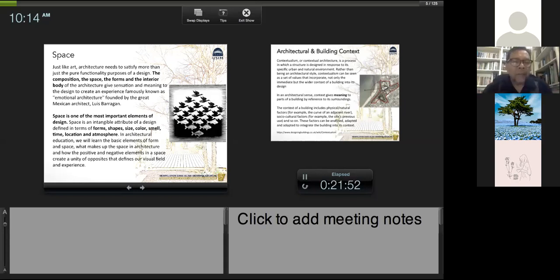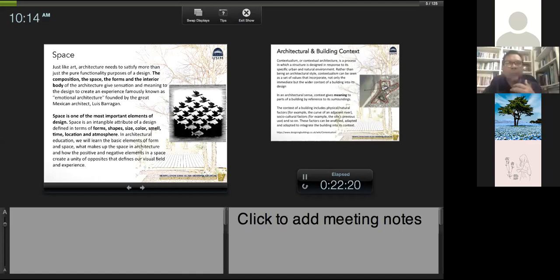And it is about how the positive and negative elements in the space create a unity of opposites that defines our visual field and experience. Maybe you are creating, for example, an entrance. You will create another space, which is called negative space.